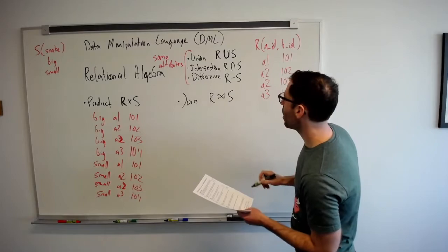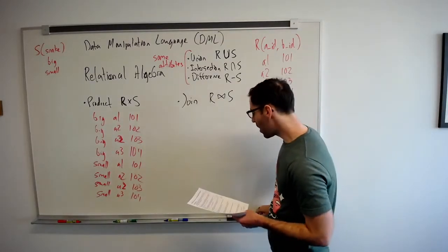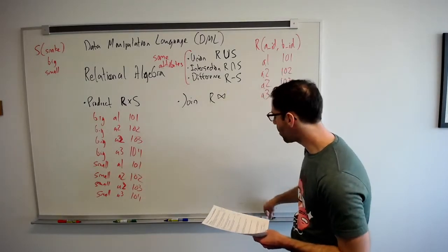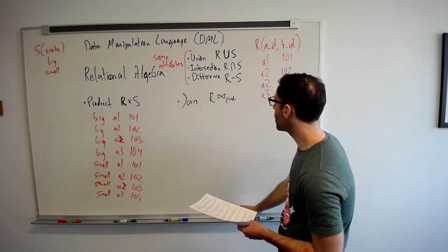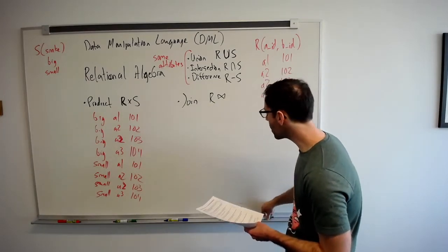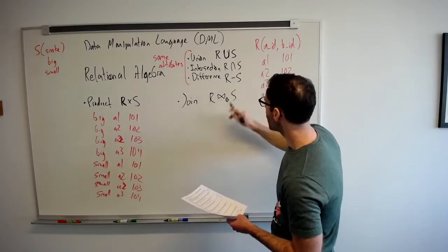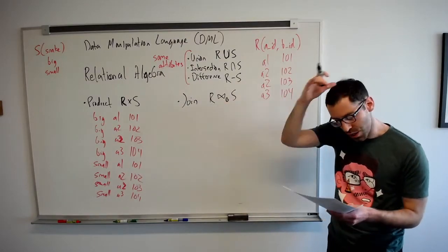So R join S, and we often might have some sort of, it's not a predicate exactly, maybe I'll call it theta, some sort of criteria by which this join takes place.